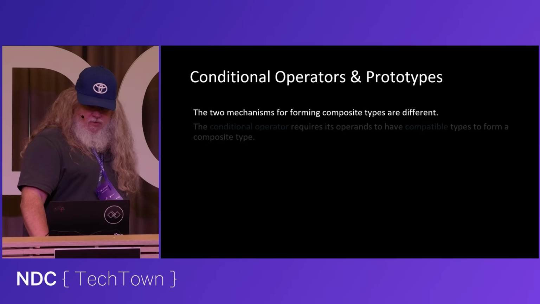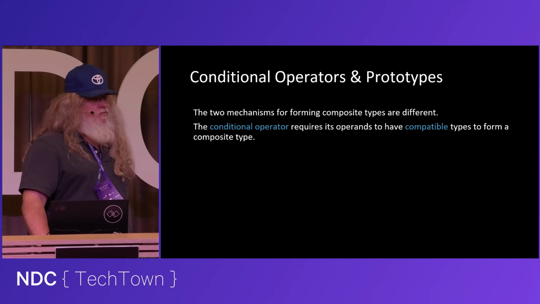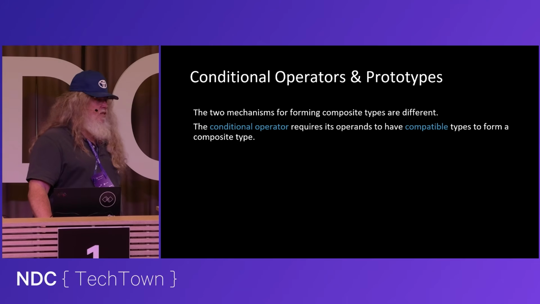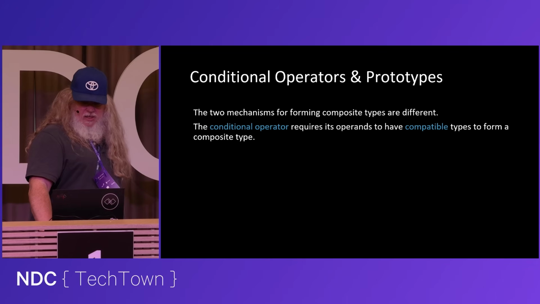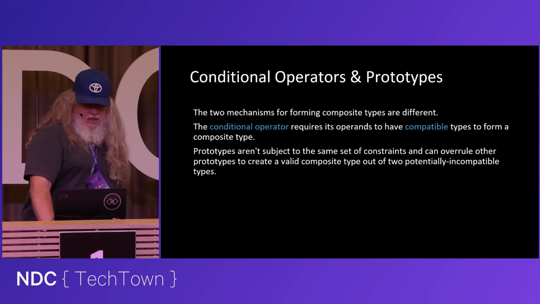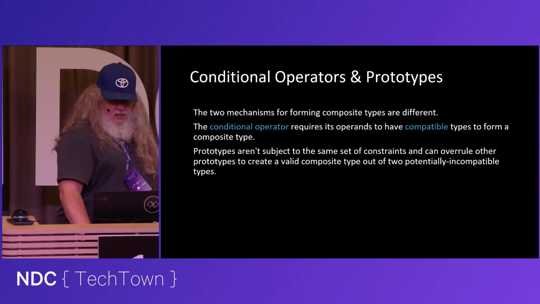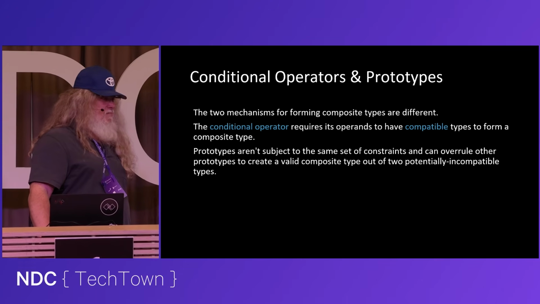So these two mechanisms for forming composite types are different. Why would they be the same? The conditional operator requires its operands to have compatible types to form a composite type. Prototypes aren't subject to the same set of constraints, and they can overrule other prototypes to create valid composite types out of potentially incompatible types, right?